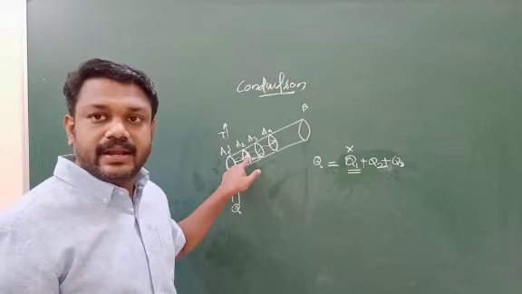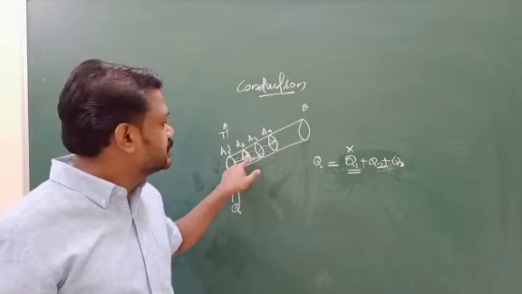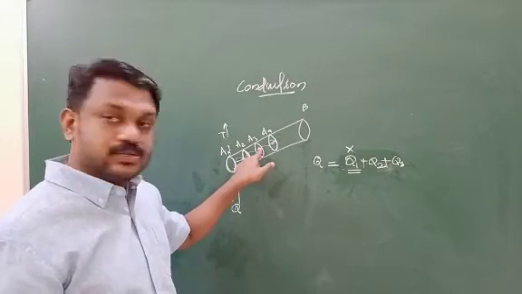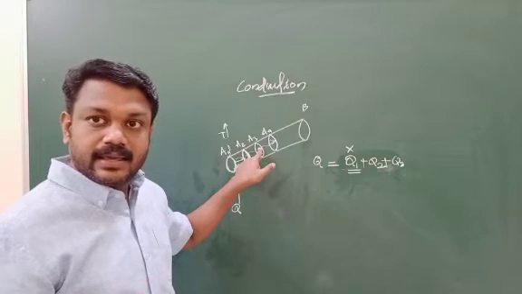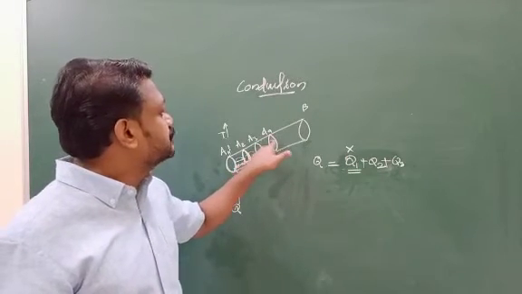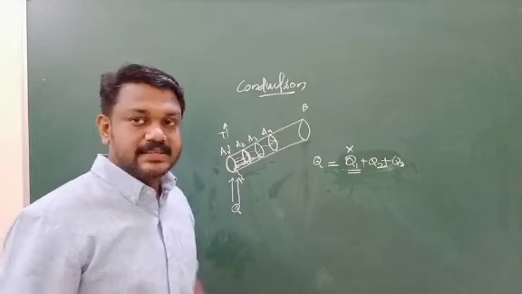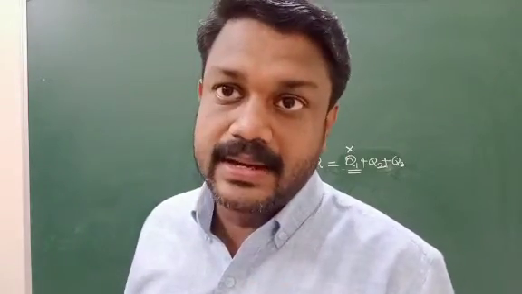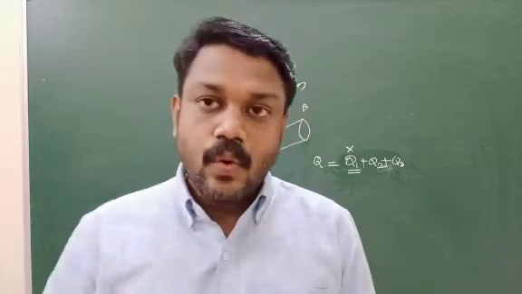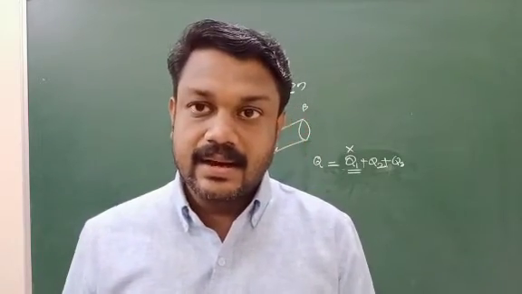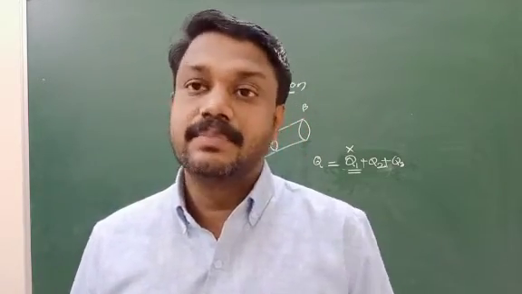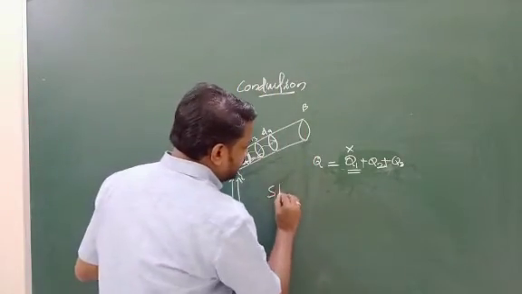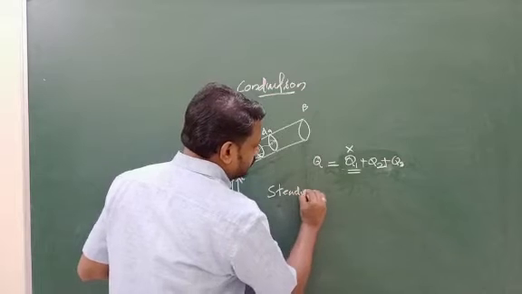A2 is also not absorbing any energy, and directly transfers to A3. A3 also does not absorb any energy, and transfers to A4. So no cross-sectional area is absorbing heat energy, which means all the cross-sectional areas are kept at constant temperature. That state is known as the steady state of conduction.